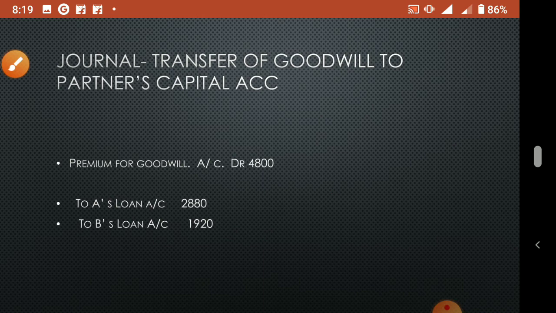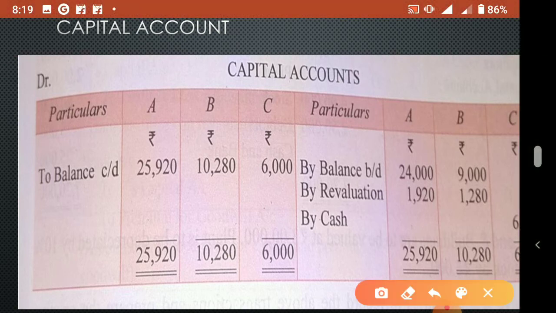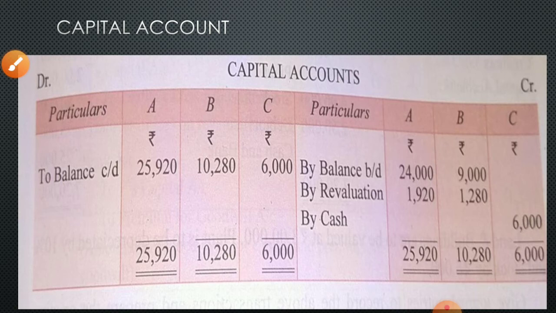Now we'll make the capital account. You know how to start the capital account with the capital of the partners, as it appears in the balance sheet, the opening balance. So the opening balances of A and B are 24,000 and 9,000.